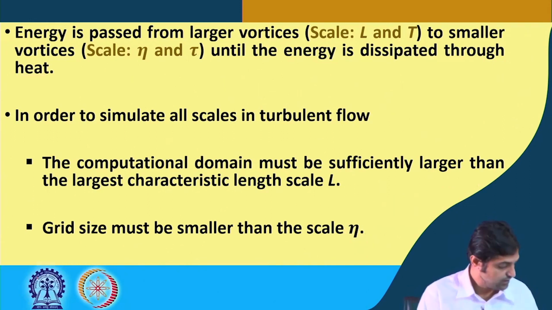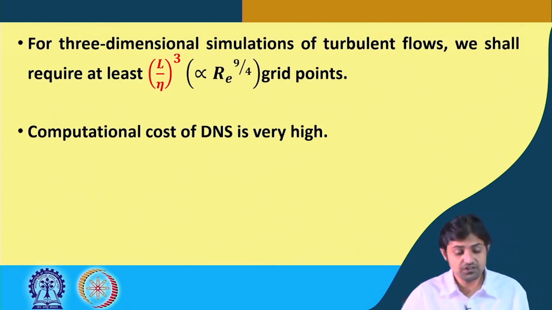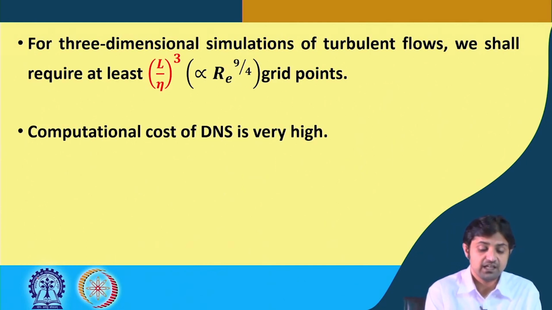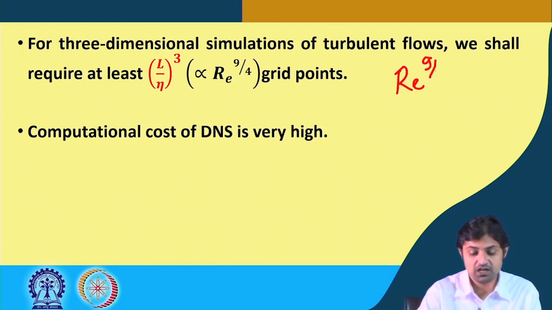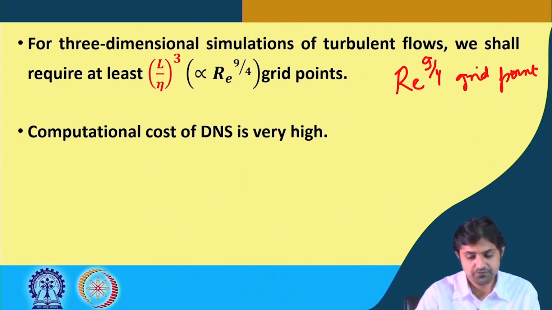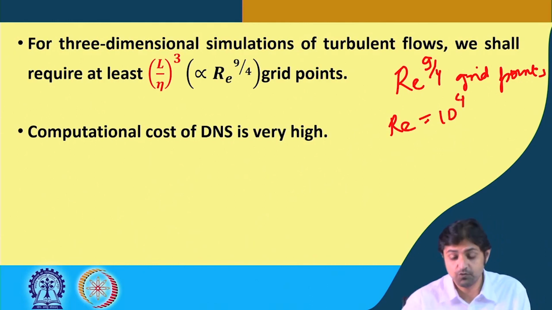Alright. The implication of this is that for 3-dimensional simulation of turbulent flow, we will require at least (L by eta) to the power 3. That means Reynolds number to the power 9 by 4 grid points. Let us say Re is not a very high Reynolds number. Let us say Reynolds number is 10 to the power 4.